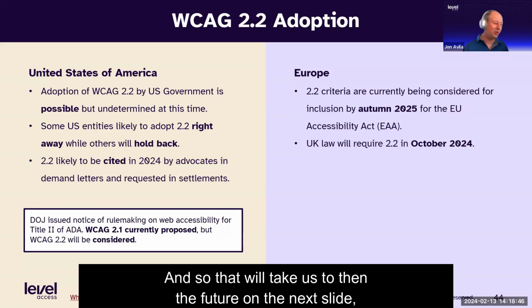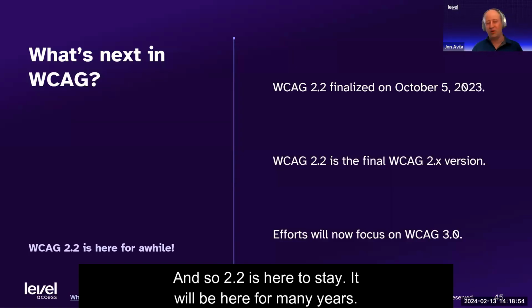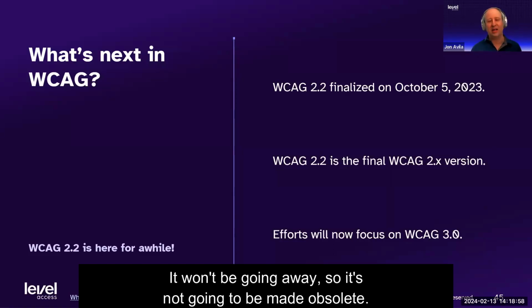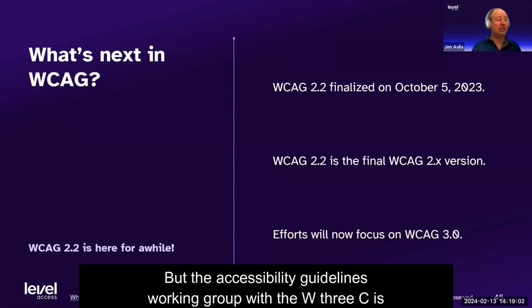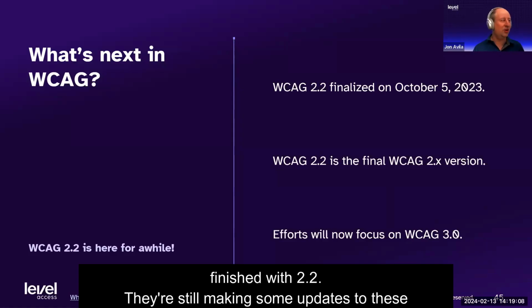And so that will take us to the future on the next slide, which is what's next in WCAG. So 2.2 is here to stay. It will be here for many years. It won't be going away. It's not going to be made obsolete, but the Accessibility Guidelines Working Group at the W3C is finished with 2.2.